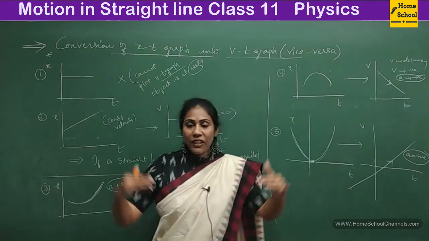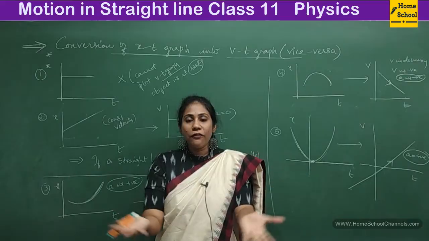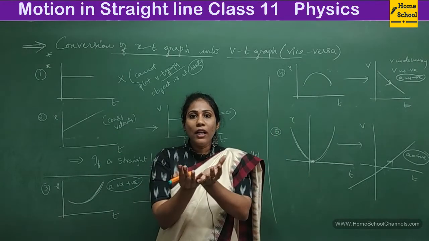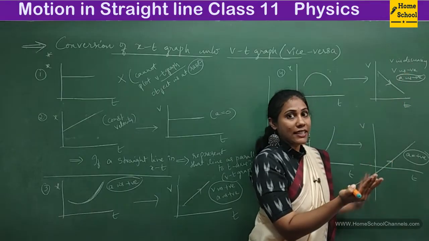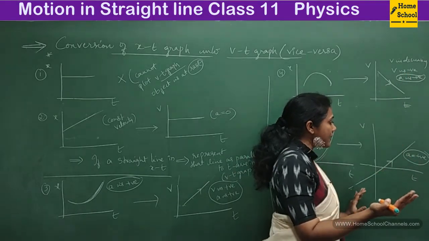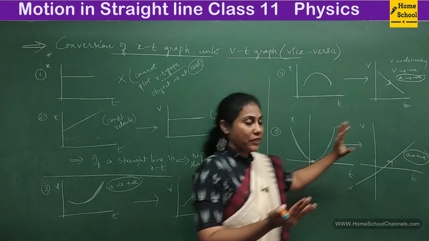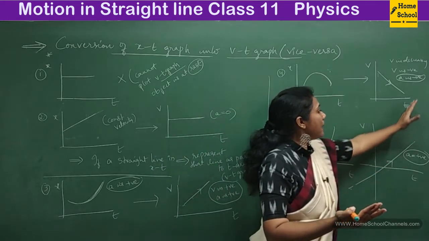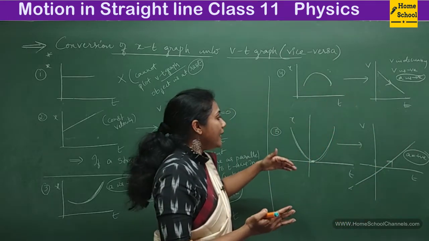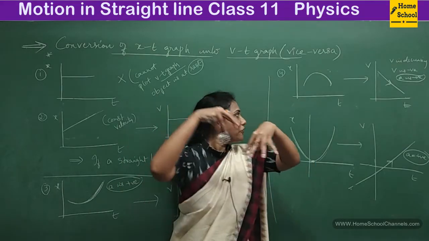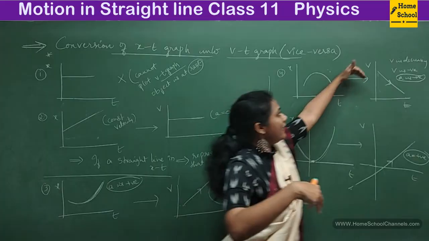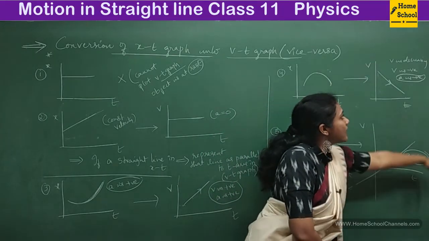If it is just the shape of a bowl, then the straight line must go this way. Velocity must be increasing, so the velocity value has to be big. And if it is an inverted bowl, then the straight line must go in the opposite direction.